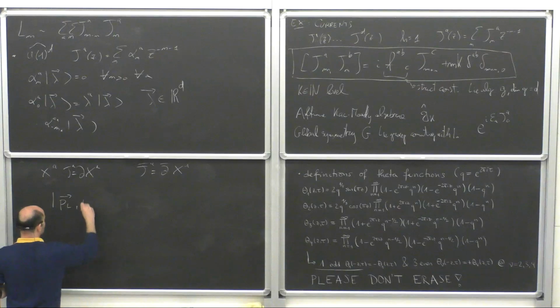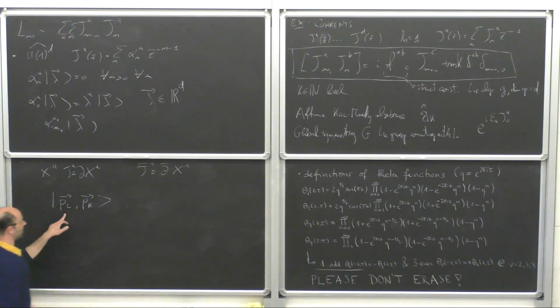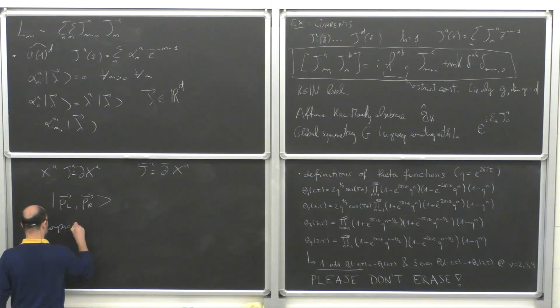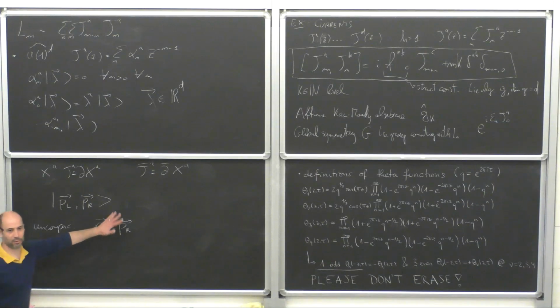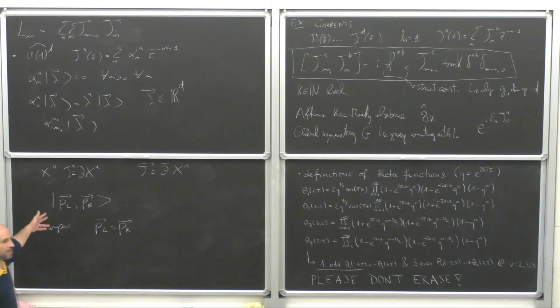And what are these vectors of the ground states? These are the left and right moving space-time momentum. So if your theory is uncompactified, the representations that you include are all representations where p_left is equal to p_right, but then you take any possible p_left or p_right. This is the uncompactified case.